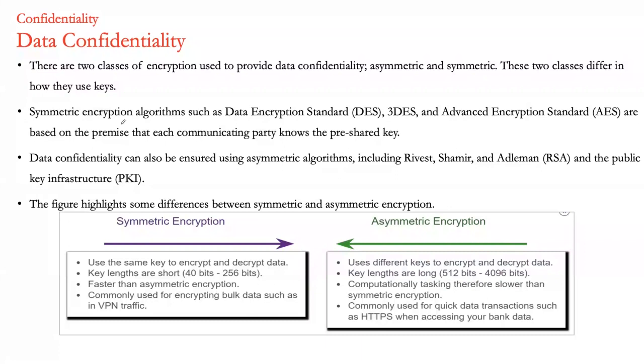Symmetric key encryption algorithms such as the Data Encryption Standard (DES), triple DES or AES are based on the premise that each communicating party knows the pre-shared, same key. Suppose the sender is using key 1, the receiver also uses the same key 1 for decryption.